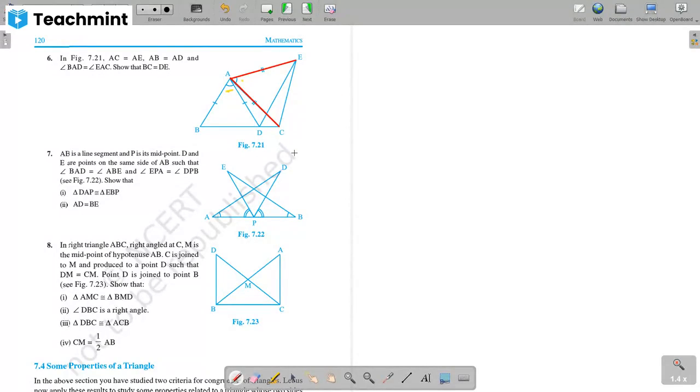The triangles which include sides BC and DE. Where is side BC? BC is here in triangle ABC, and the next side DE is in triangle ADE.